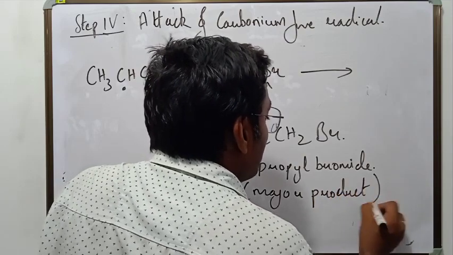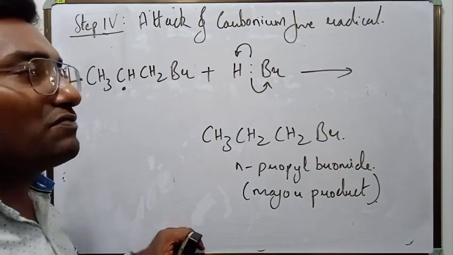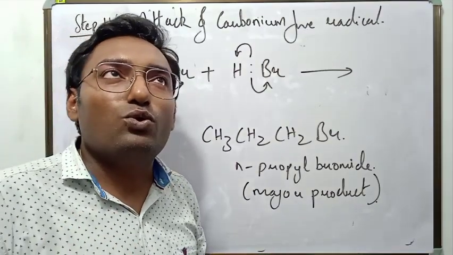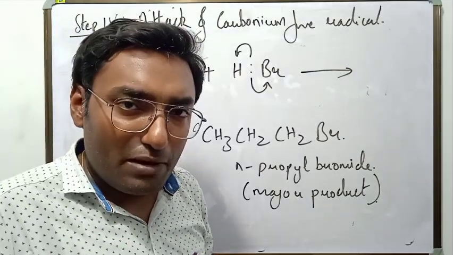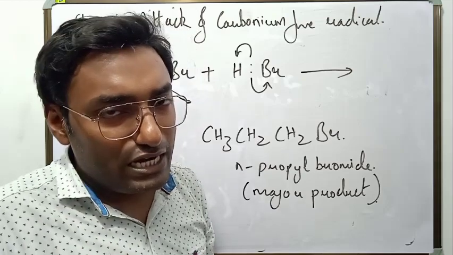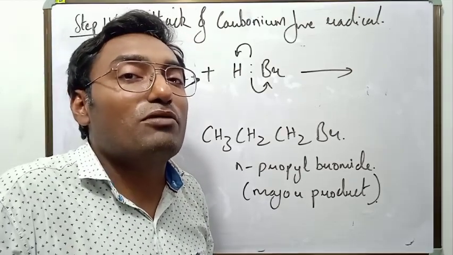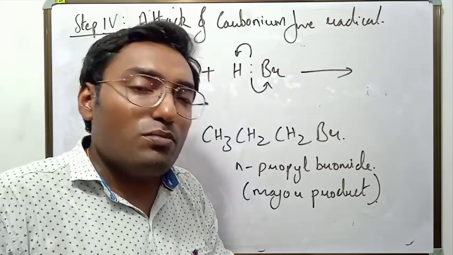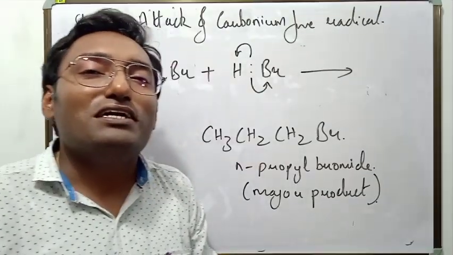Dear students, coming back to our first question. What was our first question? Why does the hydrogen atom go to the carbon atom which has lesser number of hydrogen atoms? Coming back to this question, what is formed initially? Yes, secondary free radical is formed initially.